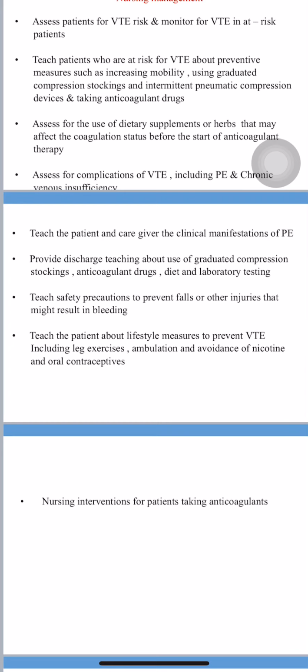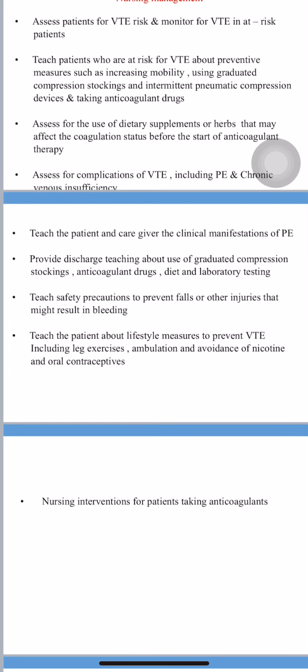Next is nursing interventions for patients taking anticoagulants. We have to instruct the patient to avoid restrictive clothing and applying moisturizing lotion to the skin, use electric razors, and perform physical care in a gentle manner. Tell them not to blow the nose forcefully and avoid removing or disturbing established clots.